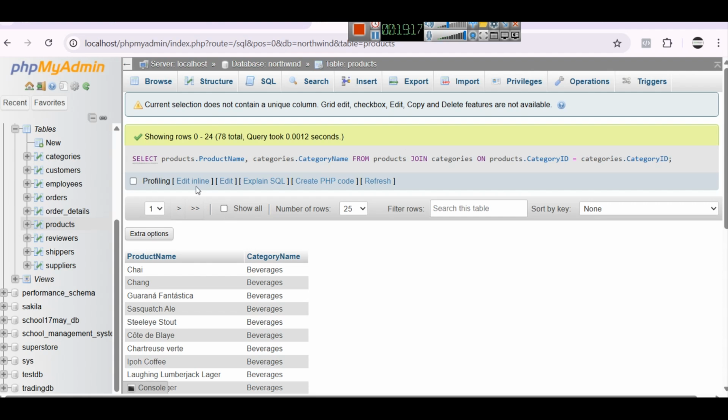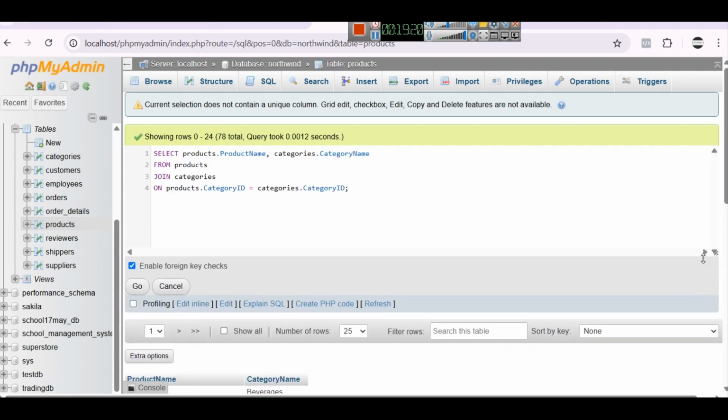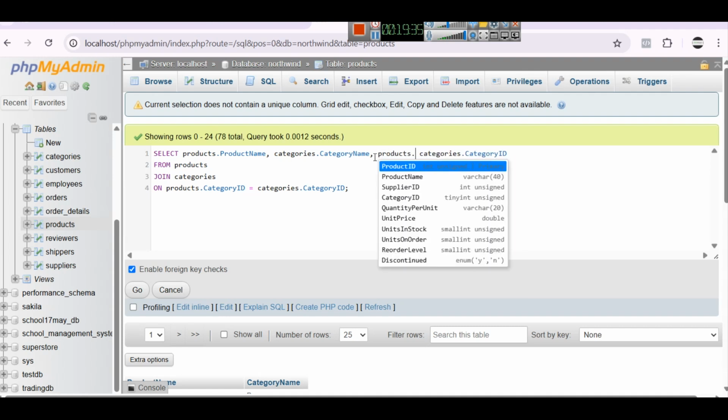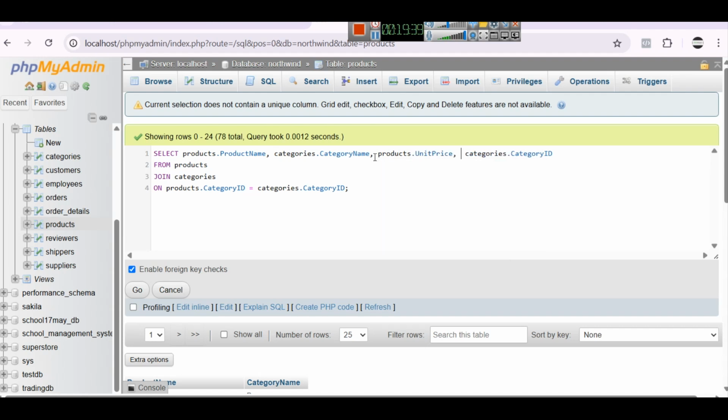Just to make sure, what we can now do is select categories.category_id also, and from products we can select something like products.product_name, products.unit_price, units_in_stock.